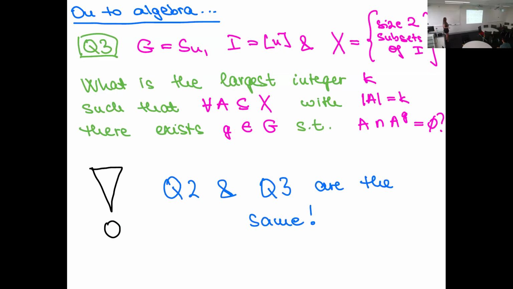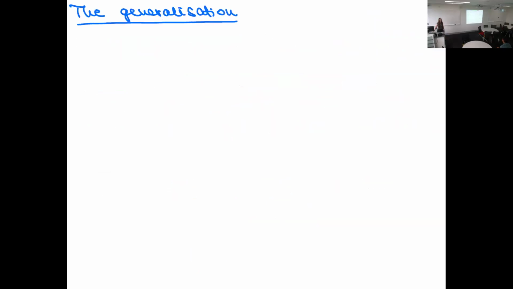So it turns out that question 2 and question 3 are the same, and so their answer is also the same. So we had a graph theory problem, and now we have a group theory problem. Doesn't mention graphs at all. So that's quite nice. So we can also think about generalizing this problem to any permutation group.